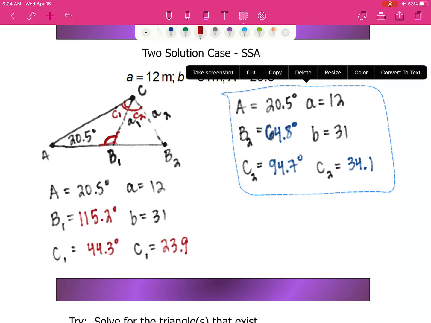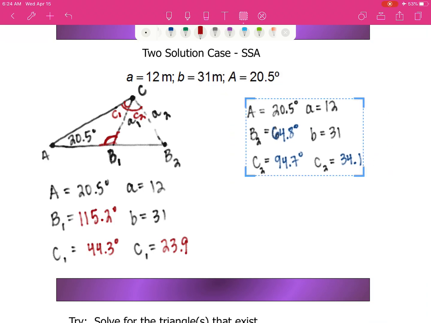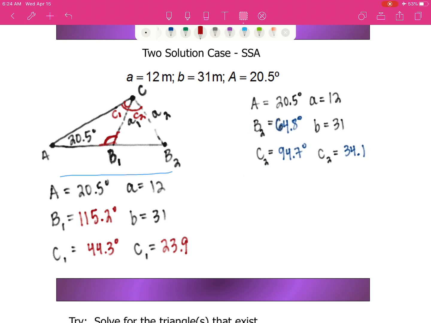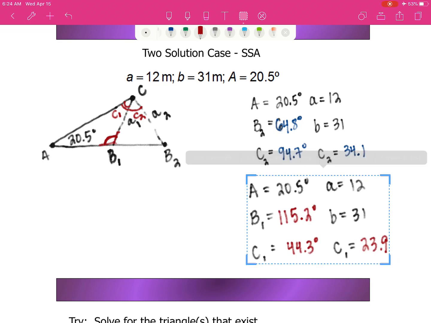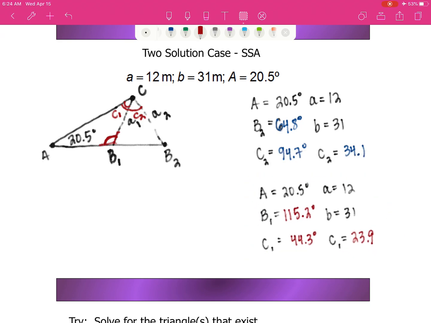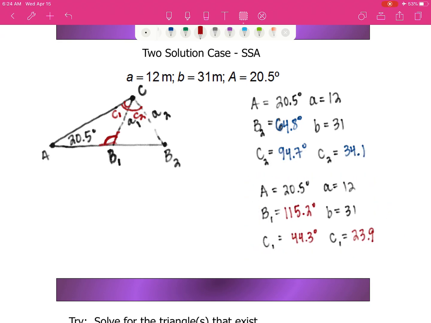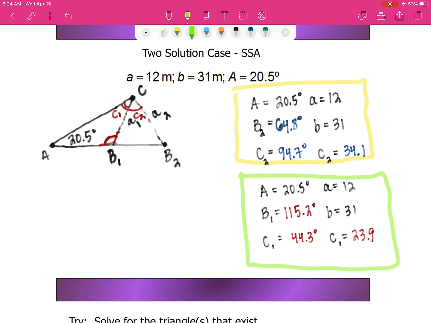So I'm going to take this, I'm going to resize it, make it a little smaller. This way I can take this one, move it, resize it, and I'm going to box my two answers in two different colors. So there's the first solution, and here is the second solution. So there's our two solutions.